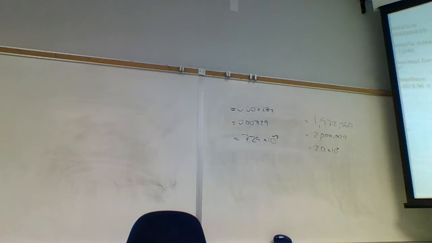And so what that means is that the uncertain digits don't match up. Here, this is our drop digit, and this is our uncertain digit, the 8. The 8 is our uncertain digit here, whereas the 1 is our uncertain digit here.